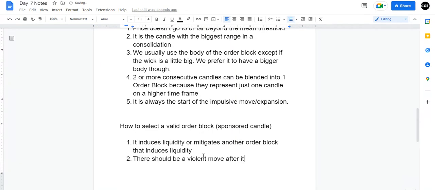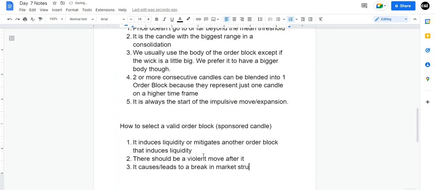Then the third rule is that it causes or leads to a break in market structure.